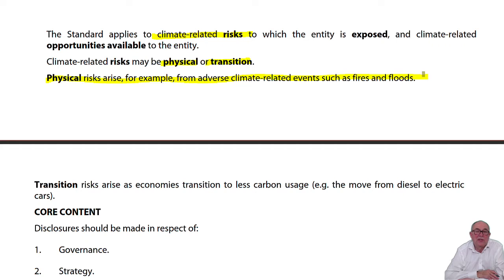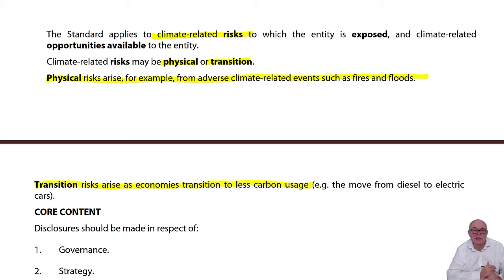You're also concerned that no one will want to buy your diesel trucks, so you need to change your model to produce things that are hybrid or electric, and that's a transition risk, as we transition to less carbon usage. So think about that. The first one is the factory by the river. The second is the factory that goes from diesel to electric.